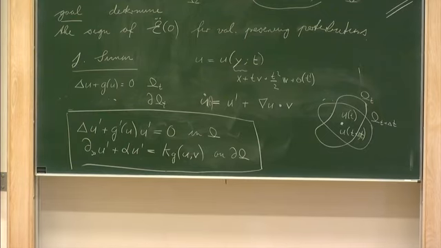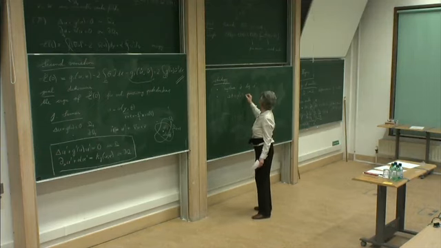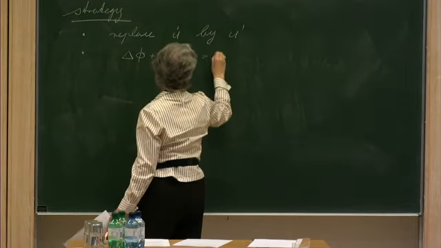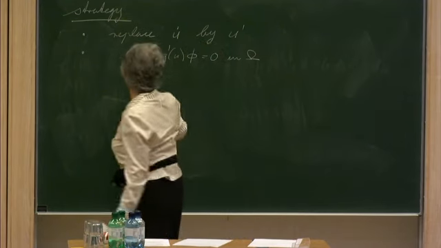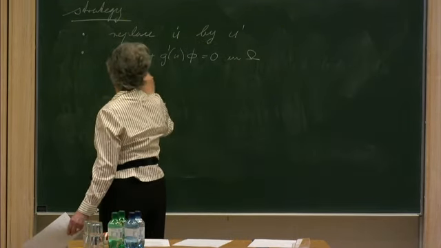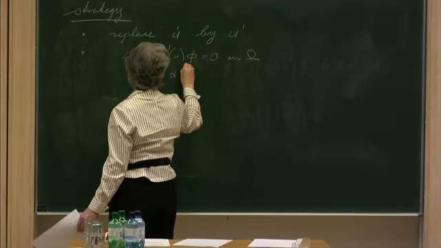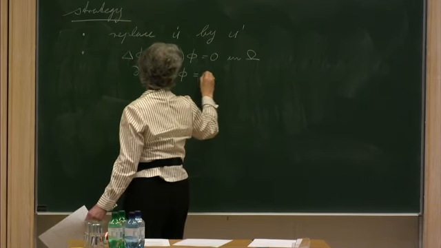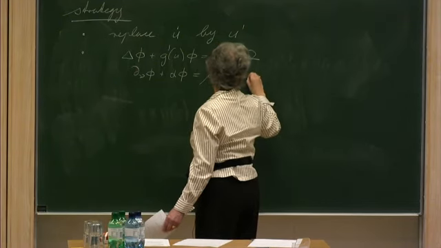Namely, we look at this Steklov type problem: Laplace phi plus g prime phi equals 0 in omega, with d nu phi plus alpha phi equals mu phi on the boundary.